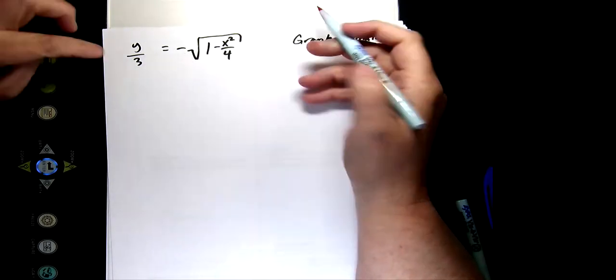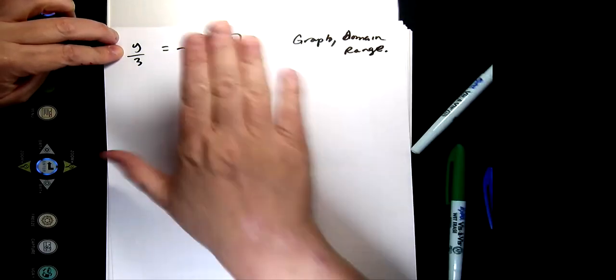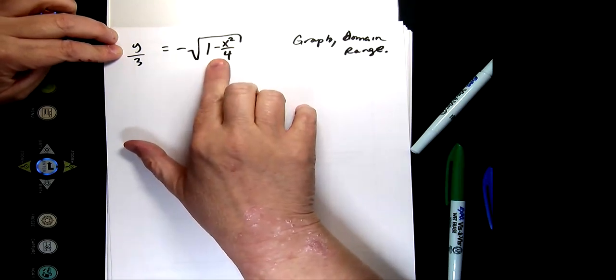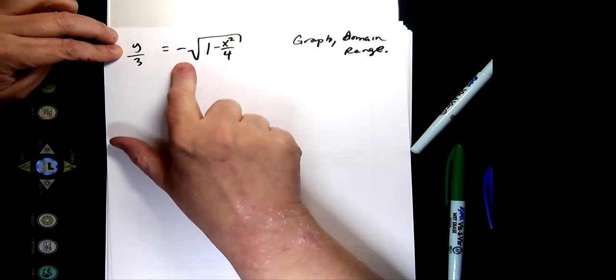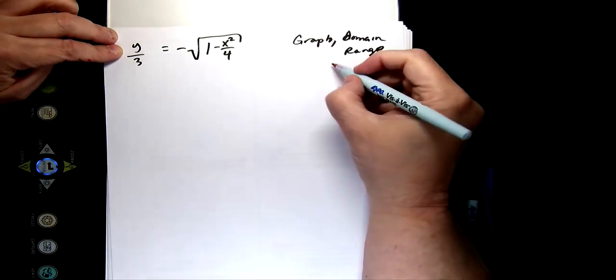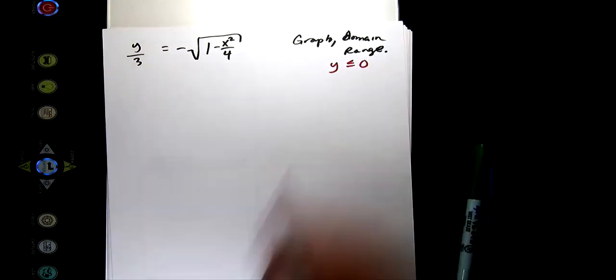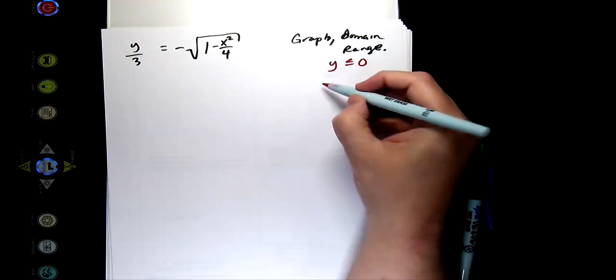No matter what's in the square root, it's always 0 or greater, otherwise we'd get complex numbers, which means I've got the negative of a positive number. Y is always negative. We have to remember that when we get to the end, when we're graphing. No positive Y.